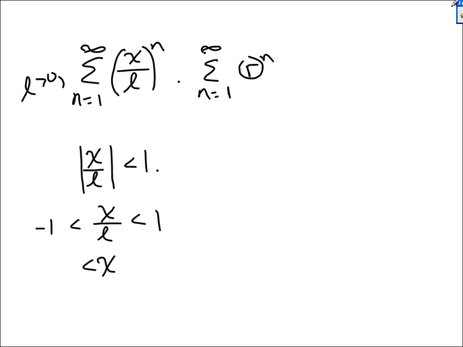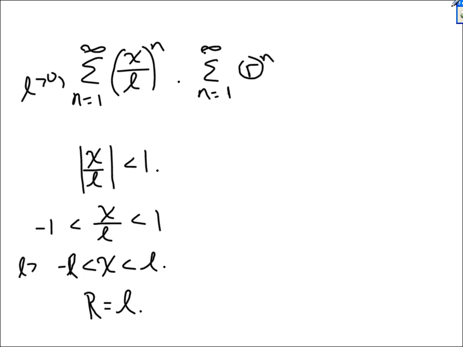Okay, so we get that. The distance is 2L. So the radius of convergence is L. Now, even if L were negative, it would still be the same result.